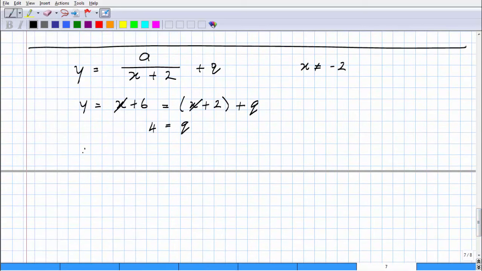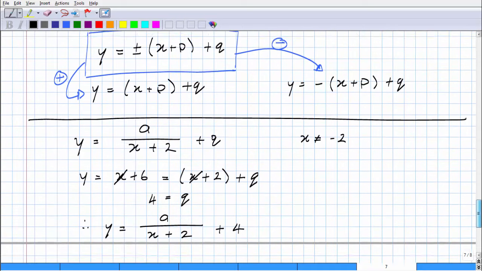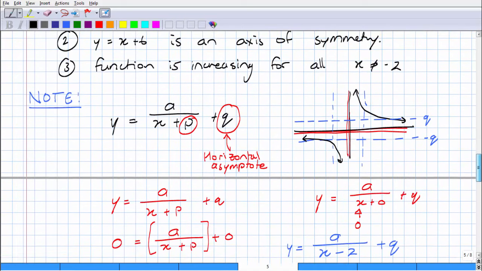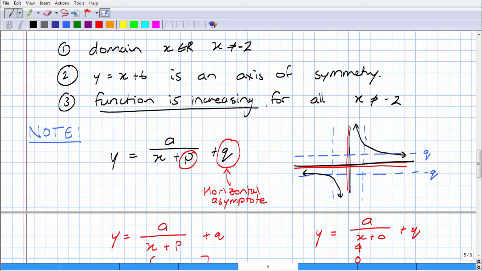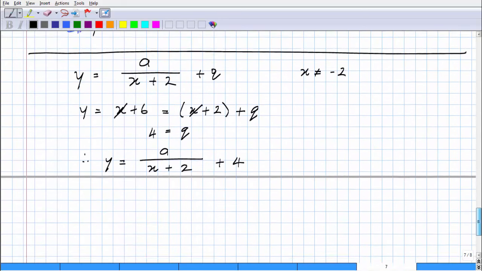So we have, therefore, y equals a divided by (x plus 2) plus 4. Does it actually matter what our a value is? No. All that matters is that they've told us that it is always increasing. So let us have a look.